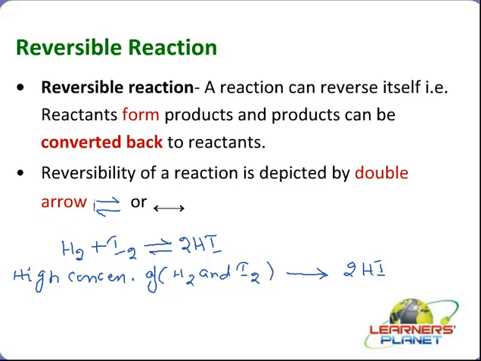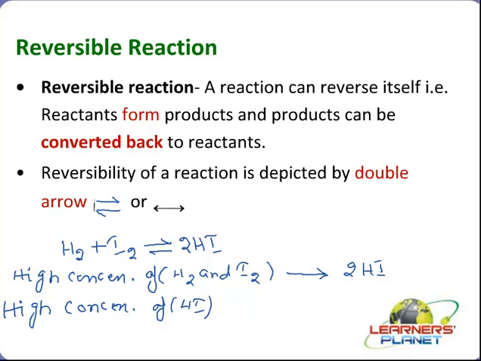Now a point comes when, if I am not removing the product, which is hydrogen iodide, what will happen? The concentration of hydrogen iodide will increase. Now in this case, what is happening? You have got a high concentration of hydrogen iodide.